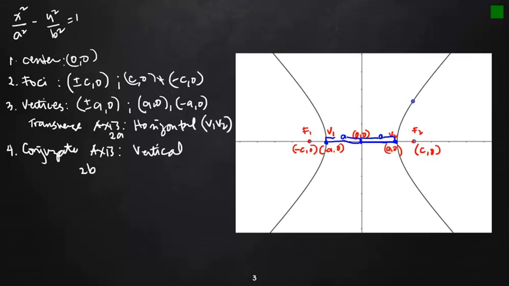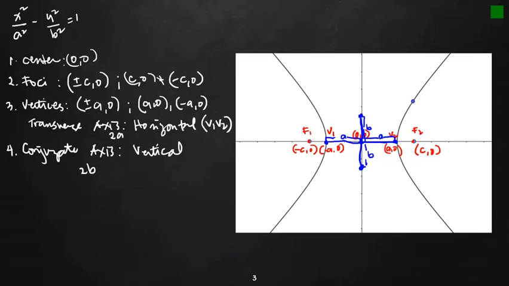If the length from the center to this point is b, and this is also b, then these two points are the endpoints of our conjugate axis. So the conjugate axis is vertical and has a length of 2b for the equation x squared over a squared minus y squared over b squared equal to 1.